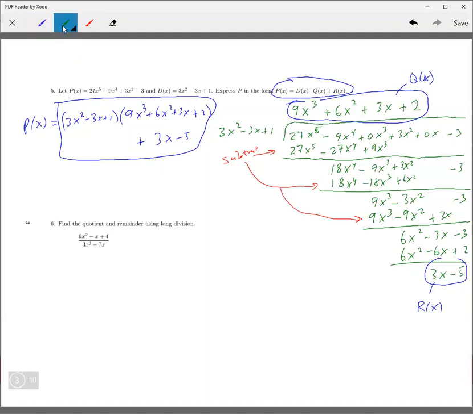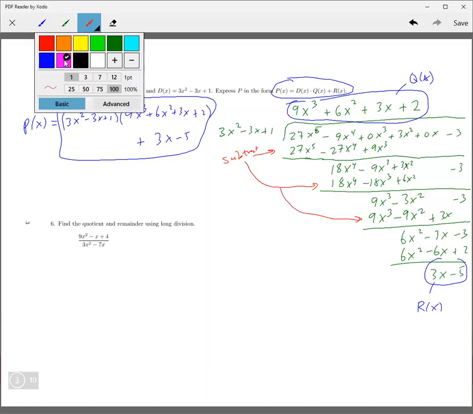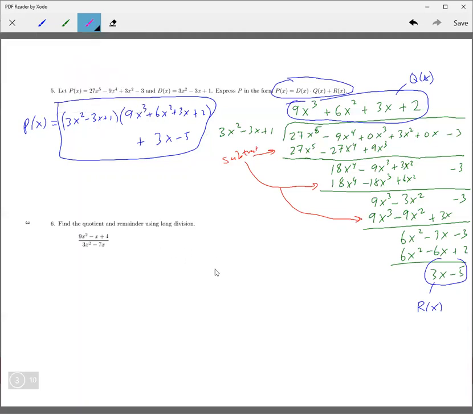Okay, there's this one right here, but this one's slightly easier, so I'll go ahead and just do this one. So again, the inside is going to be what's on top, and outside we have what's on the bottom.